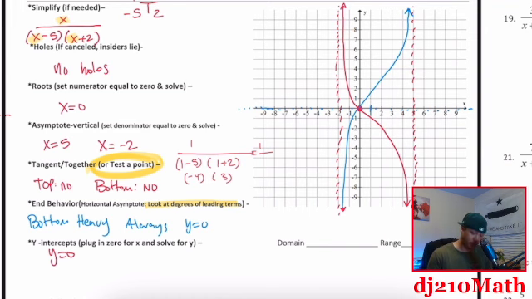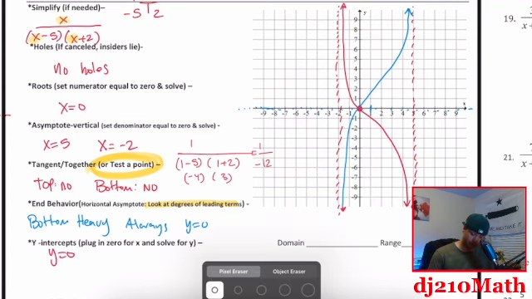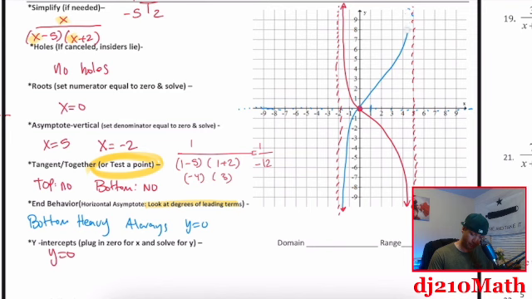Because negative times a positive is a negative, so negative 1/12. So that means that it's going to be the red graph. The red graph. And negative 1/12, it's actually more curved, but that's actually fine.